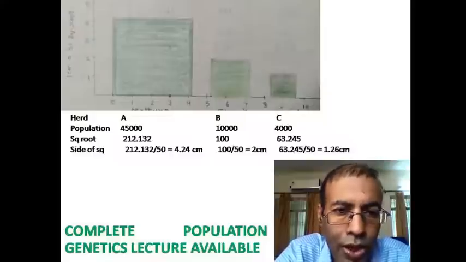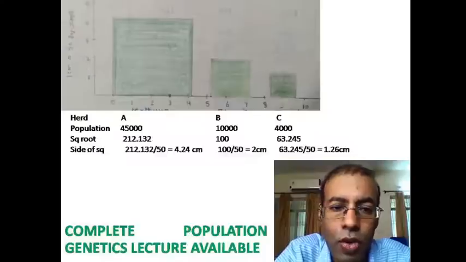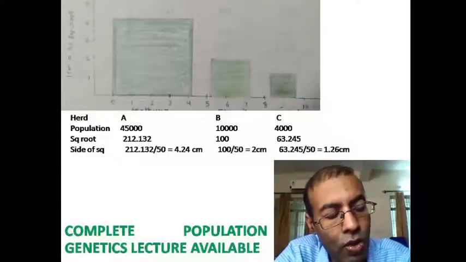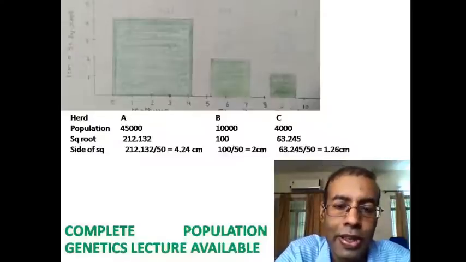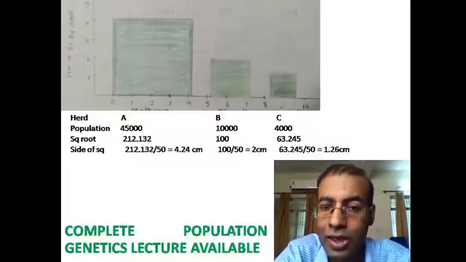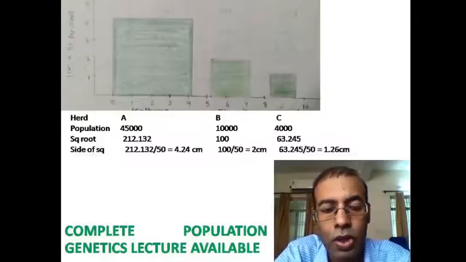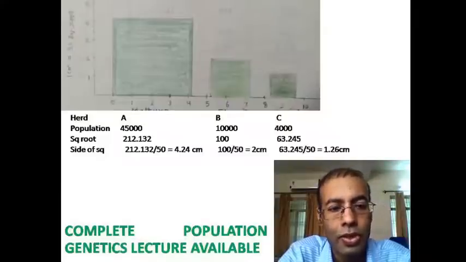So dividing 212.132 by 50, we get 4.24. So the length of one side of our square will be 4.24 centimeter. Similarly, we will divide 100 by 50, and for herd C we will divide 63 by 50. So all square root values will be divided by 50.